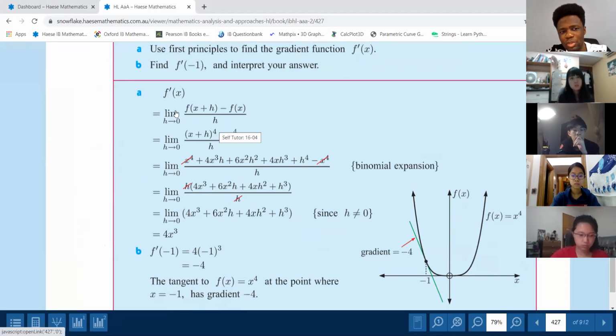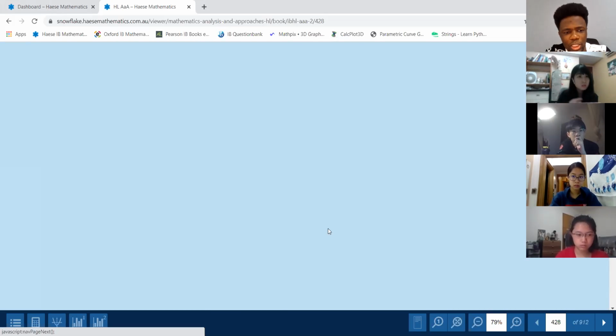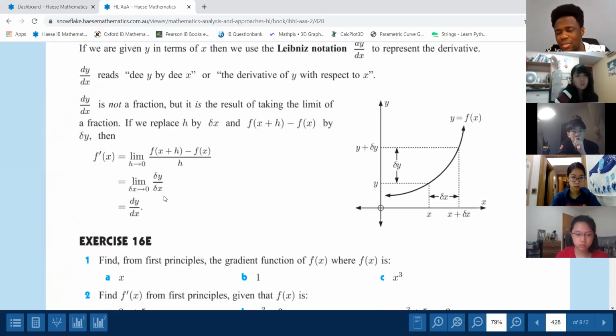I'm saying you don't have to use the limit notation, because if I wanted to do this same question, I could use the delta y, delta x notation, but that would be more complicated for you. In fact, in the past, that's what I always used. Do you understand what I mean? I'm saying just stick to this. Don't bother using delta y over delta x, because this is what that will look like. Let me show you. Maybe you can understand what I mean.